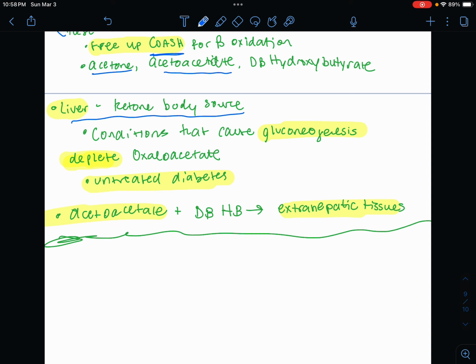The conditions that cause gluconeogenesis, as well as untreated diabetes and severely reduced food intake, will deplete oxaloacetate and slow the citric acid cycle. The acetoacetate and D-beta-hydroxybutyrate, those ketone bodies, are going to be transported to the extrahepatic tissues to be converted into acetyl-CoA.